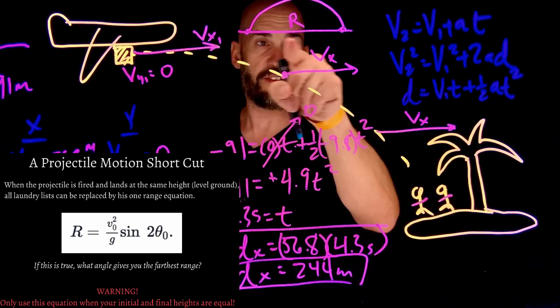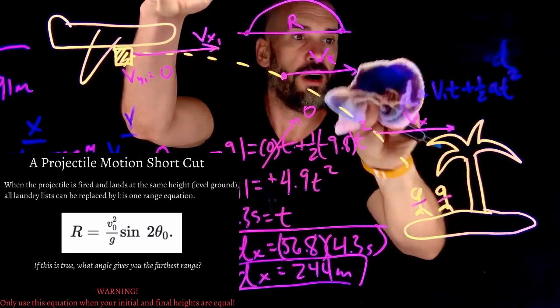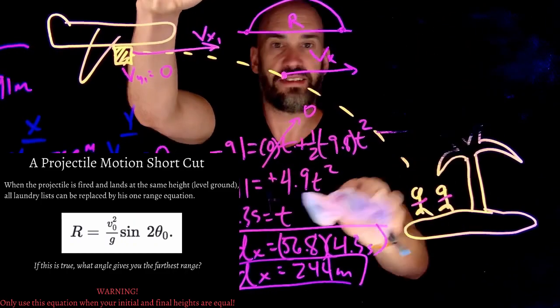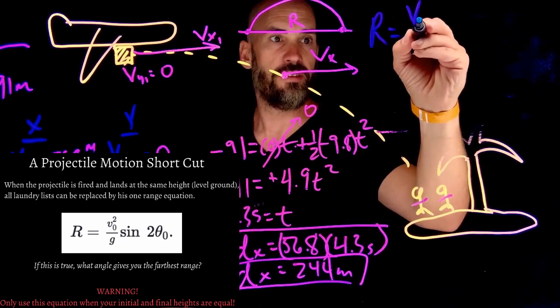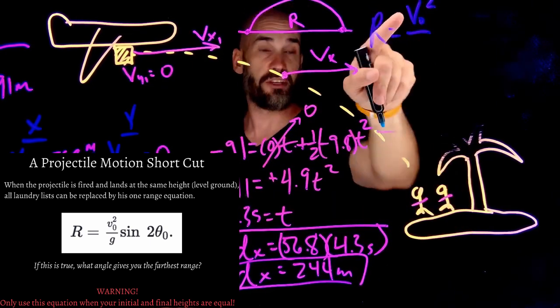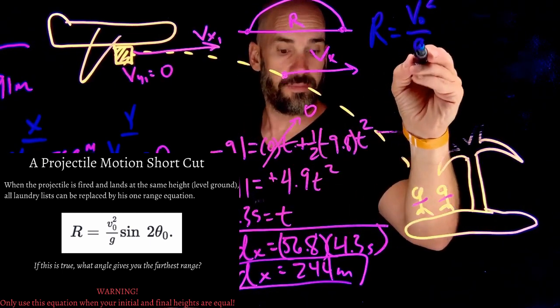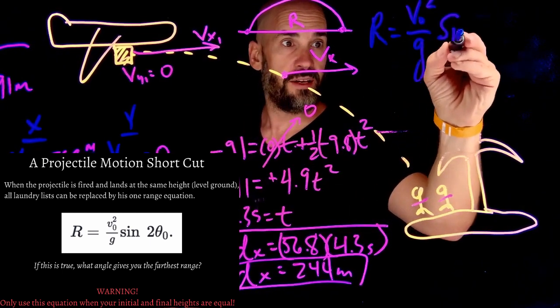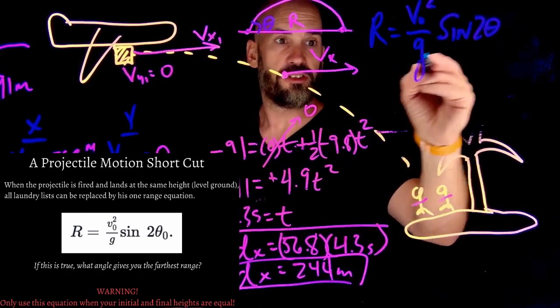In other words, you are launching and landing at the same height, then r is always just your initial velocity, right? Not the component, but the actual magnitude of your initial velocity squared divided by gravity times sine of twice the angle that you're launching at.